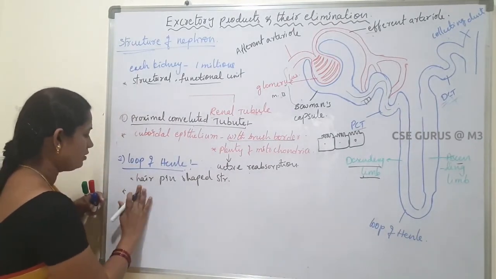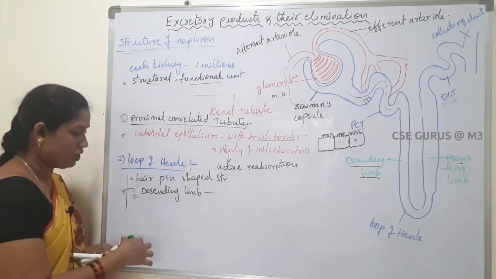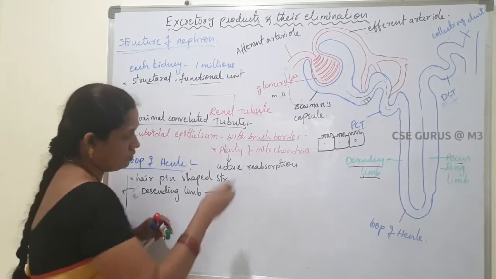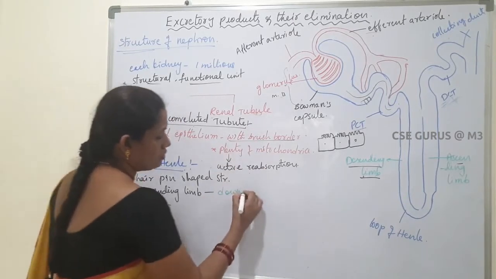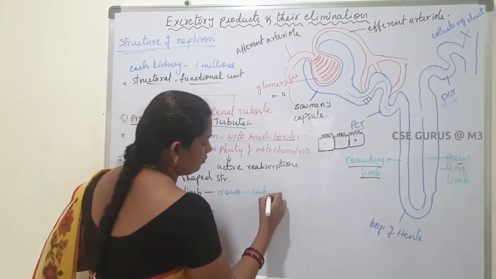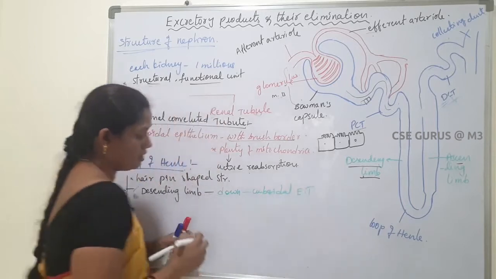First, the descending limb. It goes down, so that's why it is called the descending limb. The descending limb is also made up of cuboidal epithelial tissue.